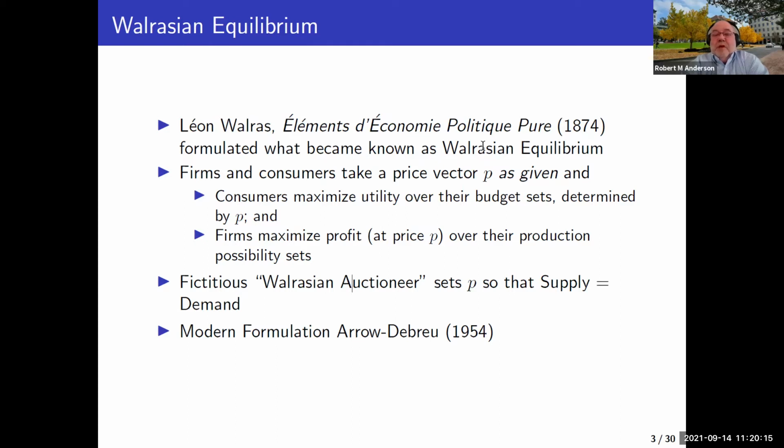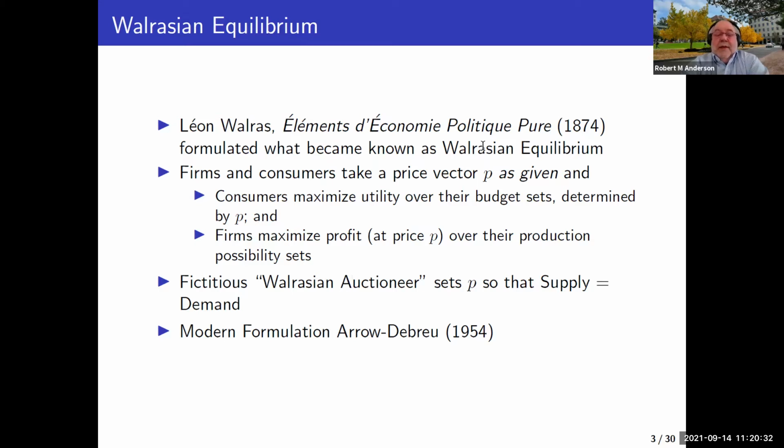Now, consumers taking the prices as given is a very reasonable assumption. However, firms maximizing profit taking prices as given is a dubious assumption because much of the economic activity in a modern industrial economy is carried out by large firms that do in fact have pricing power.